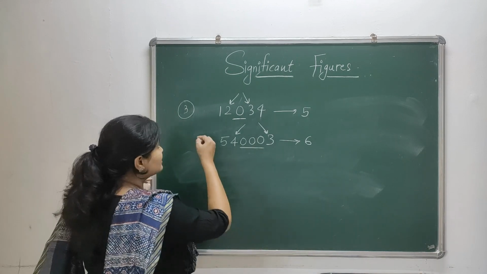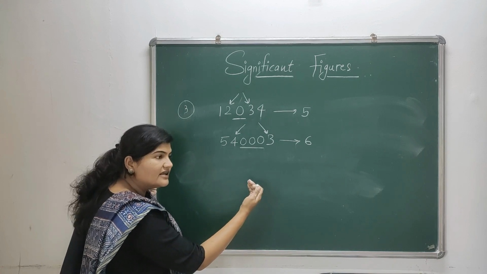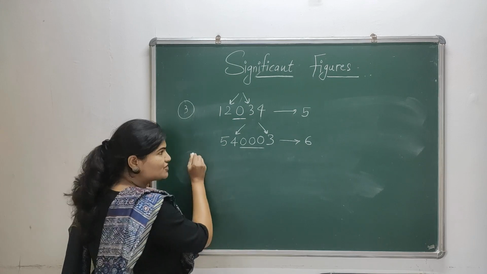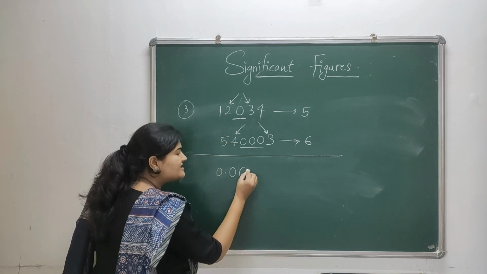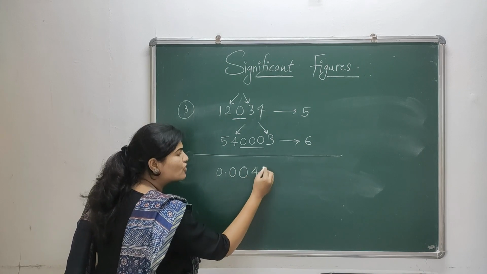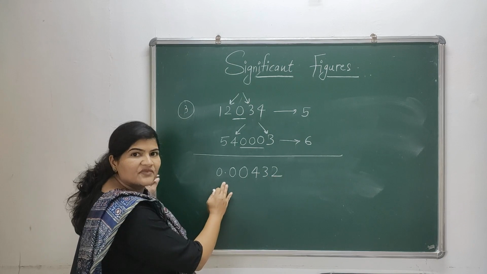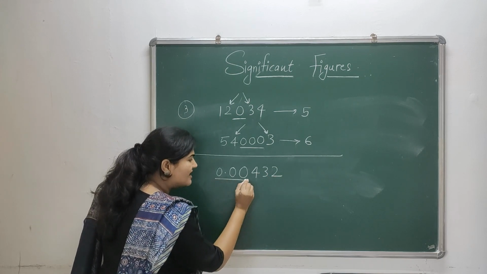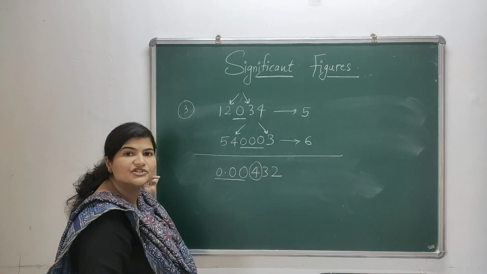Now let's talk about zeros which are on the left side of the non-zero digit. Suppose I have 0.00432. Now look at the number. Here my zeros are on the left side of the first non-zero digit.